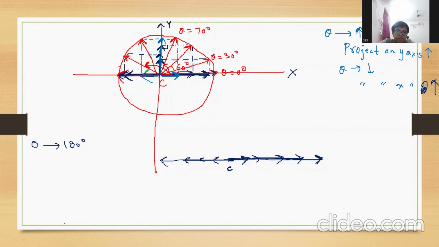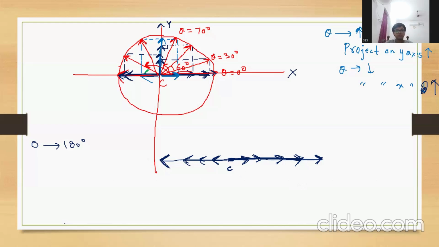When you increase theta, the projection length on the x-axis is going to decrease. But if you are going more than 90, then the projection length on the x-axis is going to increase. Clear? So 0 to 90 degrees, you have observed this?